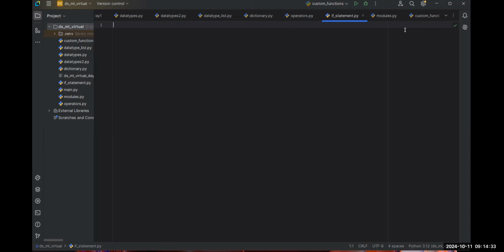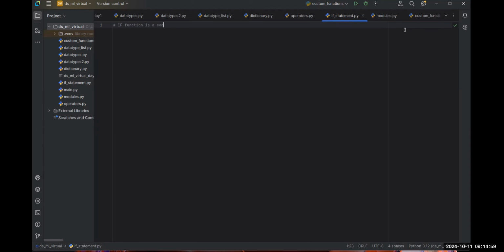So now we said if is a conditional function that allows you to perform operations. Let me type the IF in caps lock.